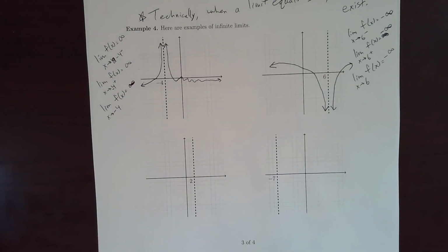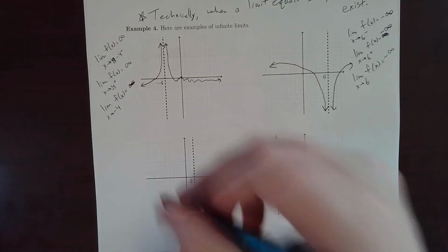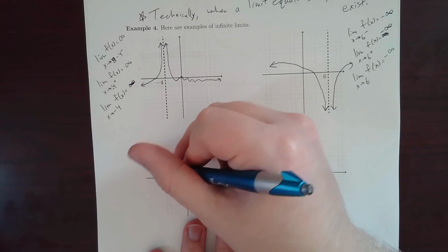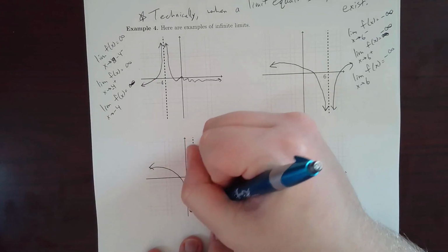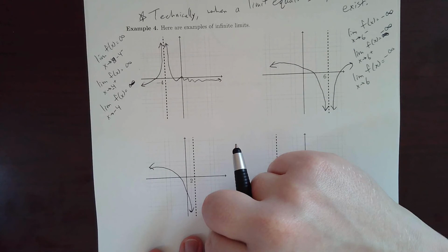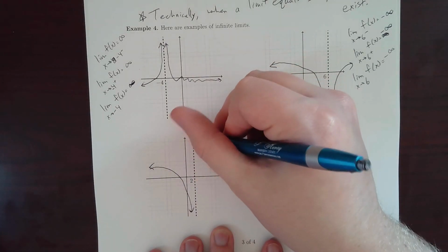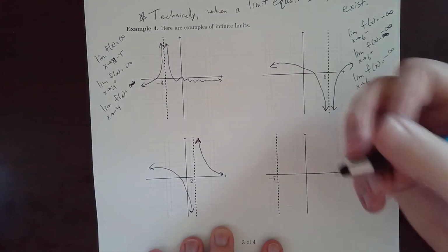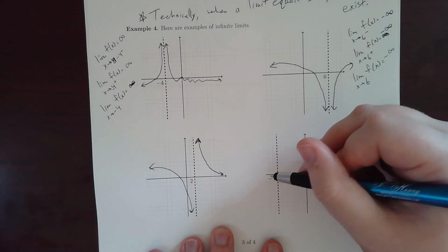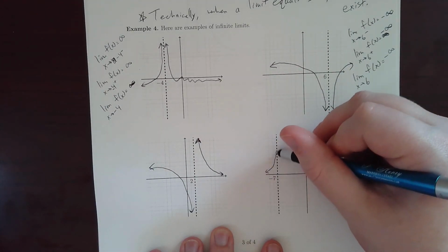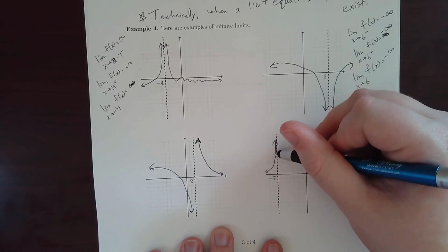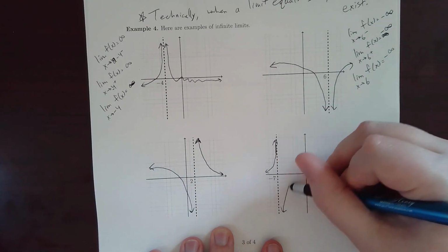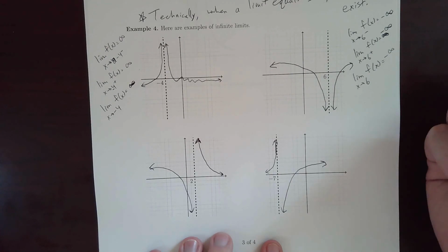Now, just because we're going to infinity doesn't necessarily mean that we have to be doing the same thing on the left and the right. So we could have something where we're going down to negative infinity on the left and approaching a positive infinity on the right, or we could have the opposite happening, going to a positive infinity on the left and a negative infinity on the right.